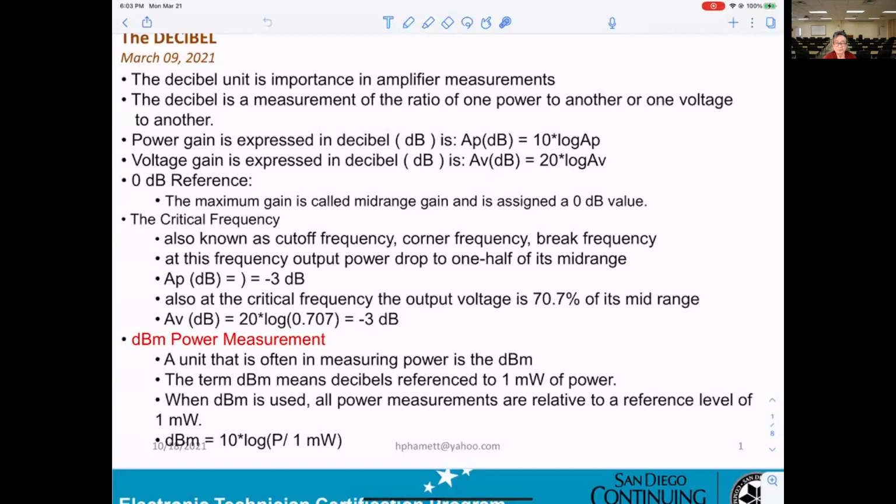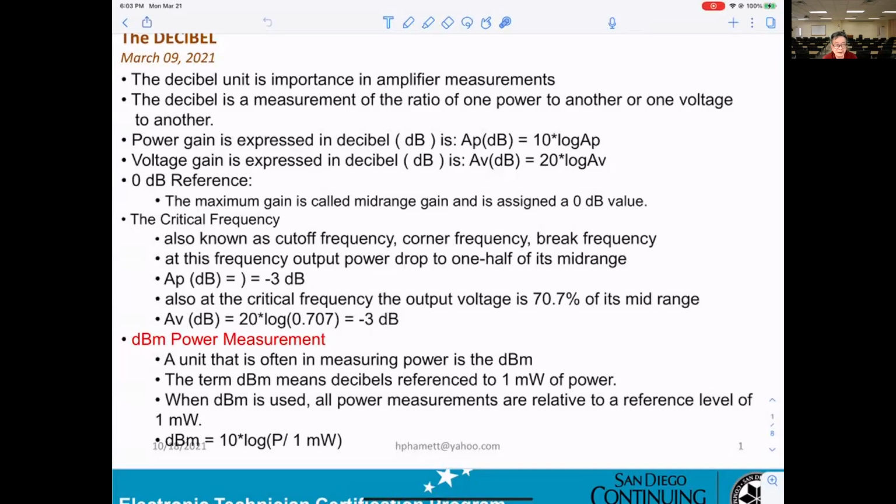In the lab, you get dBm. However, outside the lab, we're not using dBm. When you're talking about power, they're talking about watt, milliwatt, or kilowatt. So there is a relation between dBm and watt.